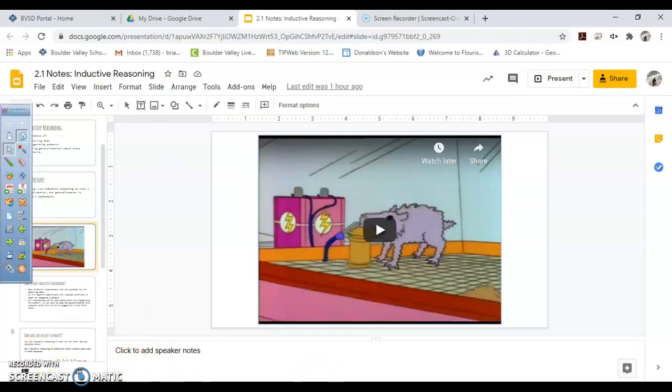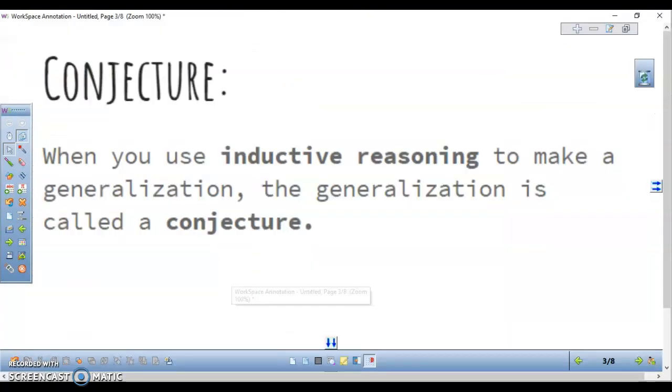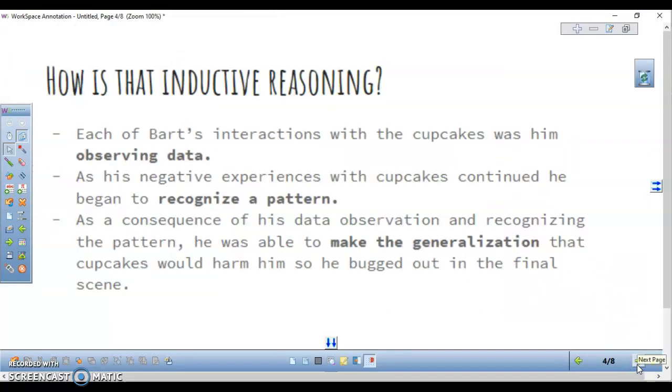All right, so hopefully you noticed, based on the discussion we're already having, you can see inductive reasoning at work. Let's talk about why. Each of Bart's interactions with the cupcakes was him observing data. So, the first time when he saw the cupcake and climbed up the bookshelf, that was a data point. The second time, when he was reaching for the cupcake and he got shocked, that was the data he was observing.